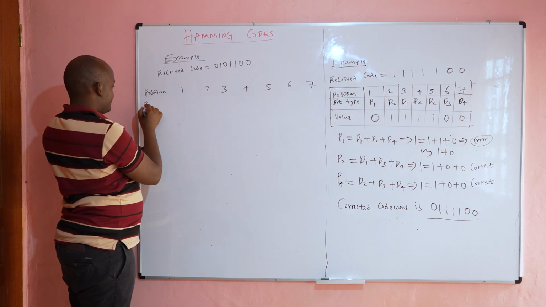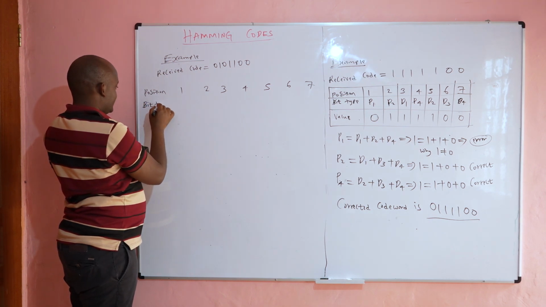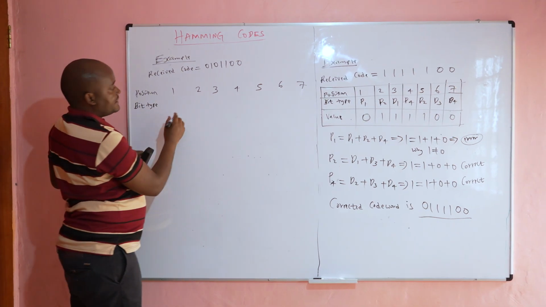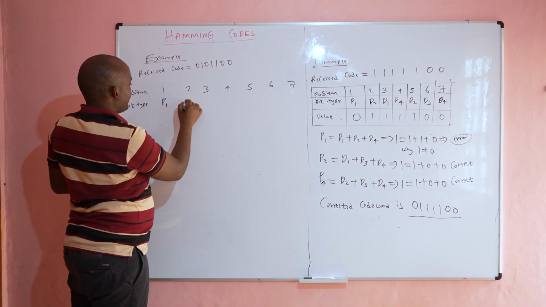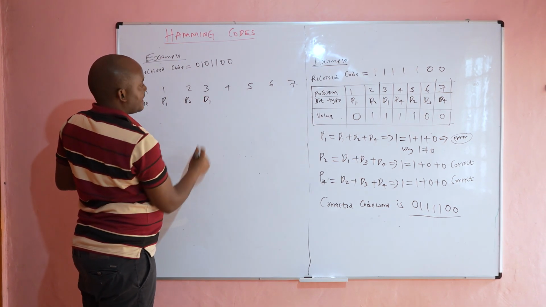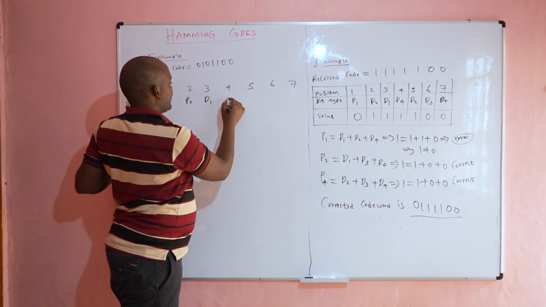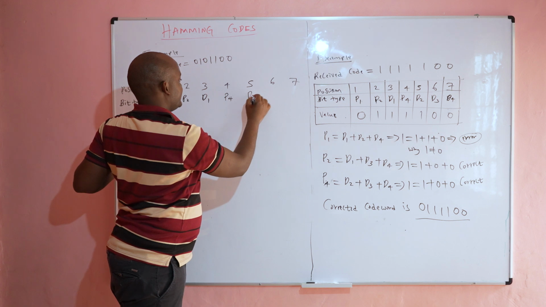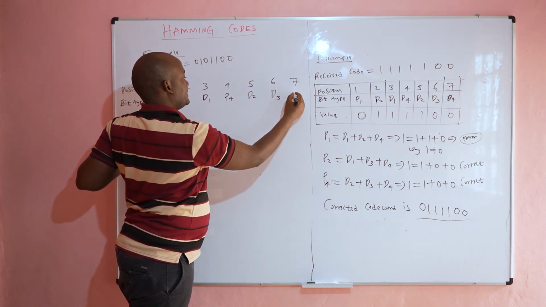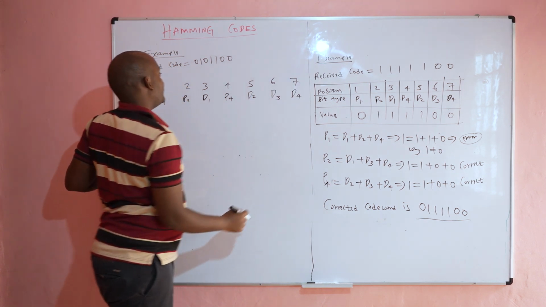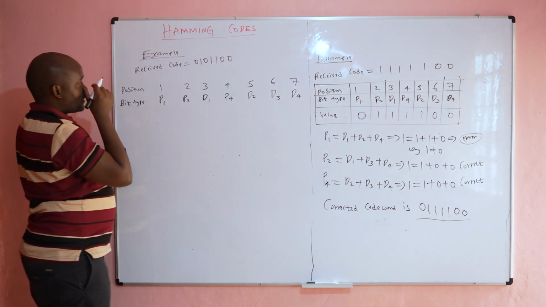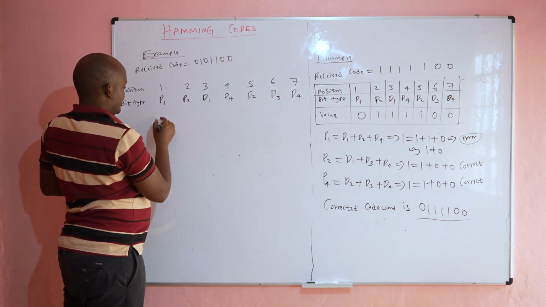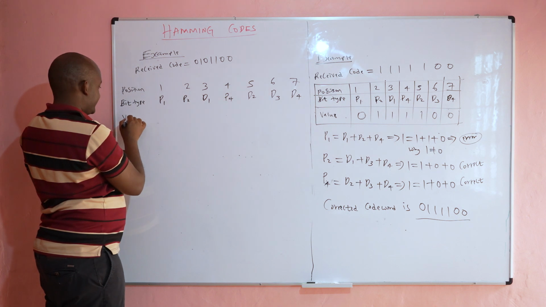Here we have the bit type: you have P1, you have P2, you have D1, you have P4, you have D2, D3, and lastly D4.